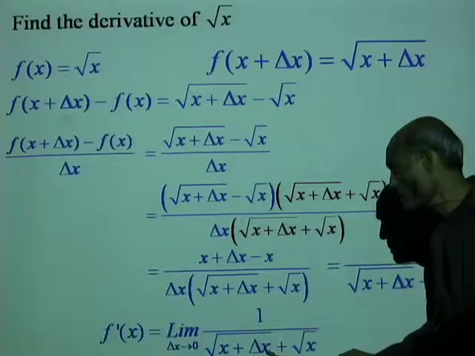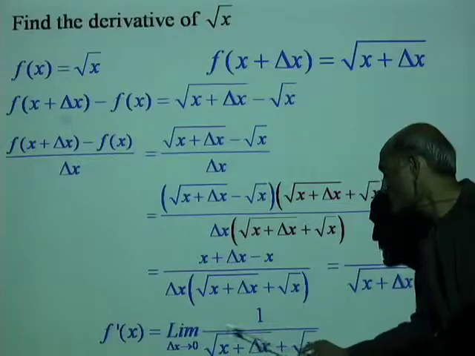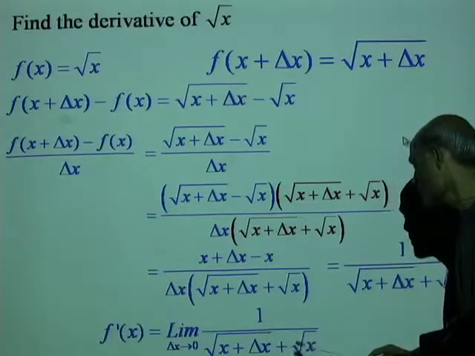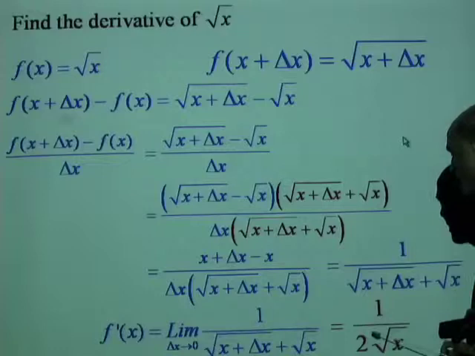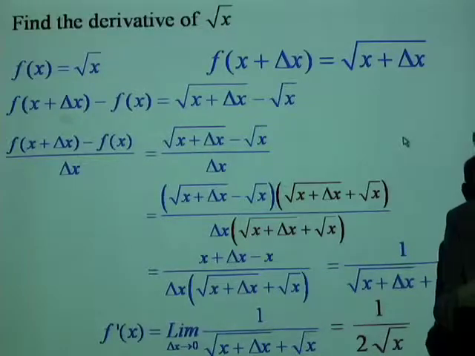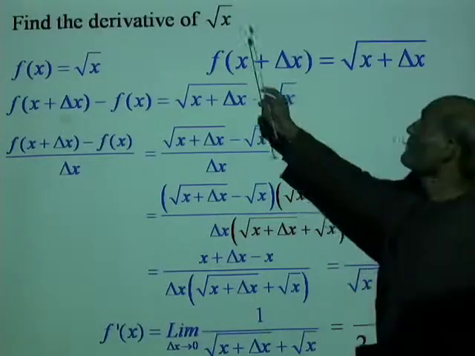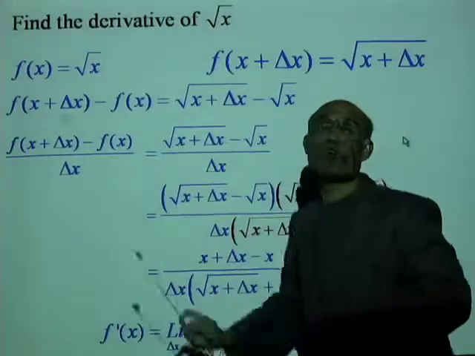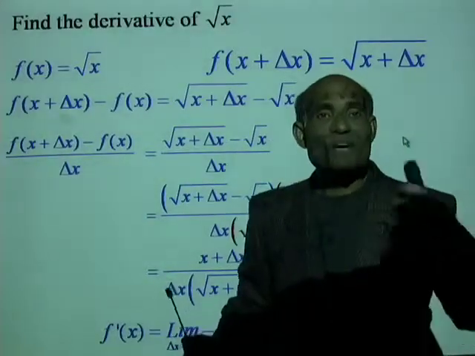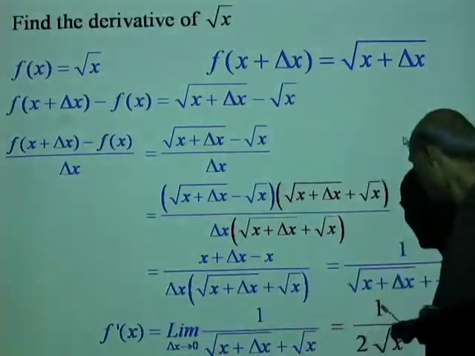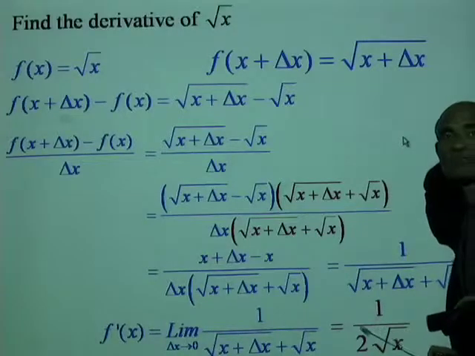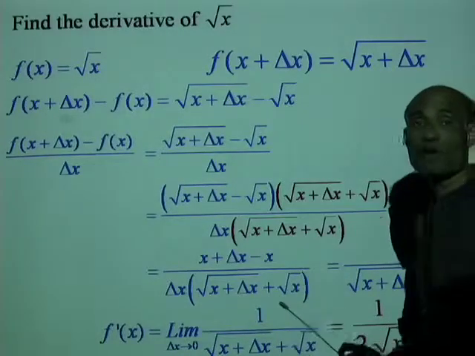So that one will go. The denominator will then become square root x plus square root x. That is 1 over 2 square root of x. That means the derivative of square root of x with respect to x is 1 over 2 square root of x. I want you to remember that also.